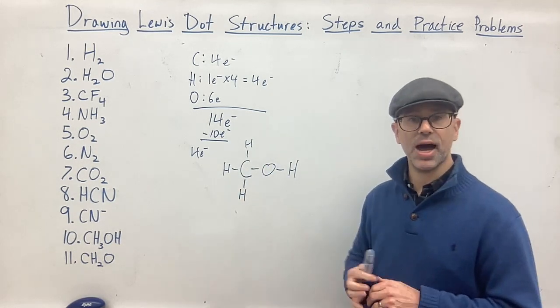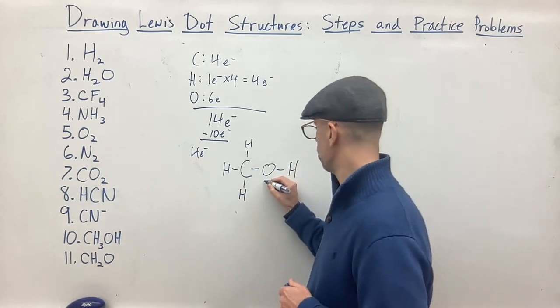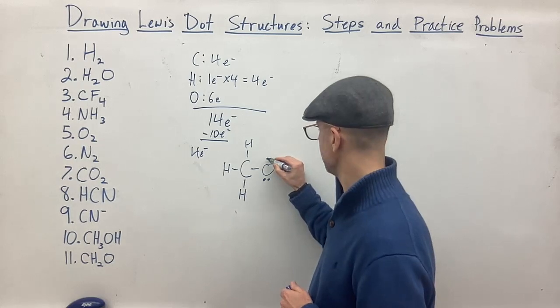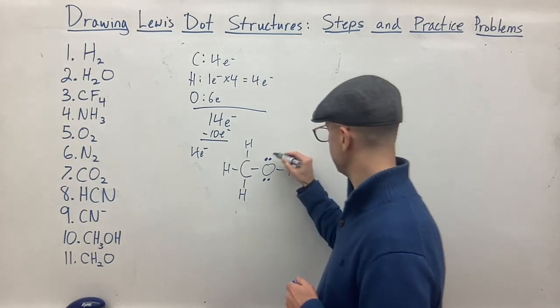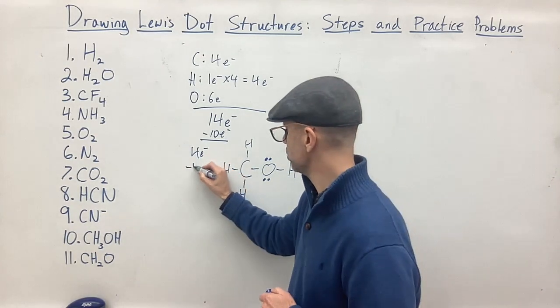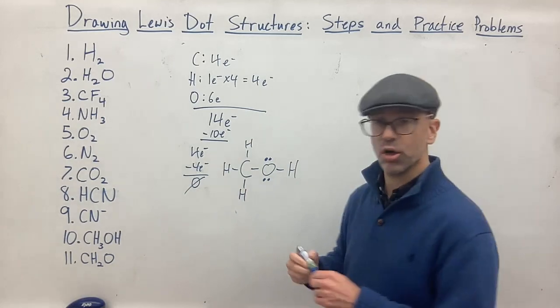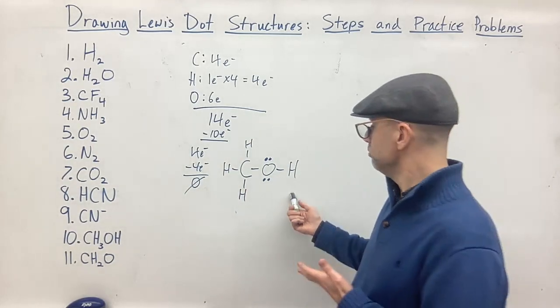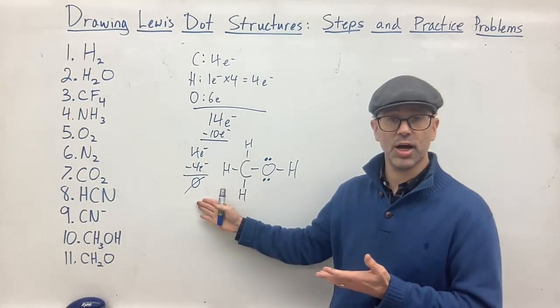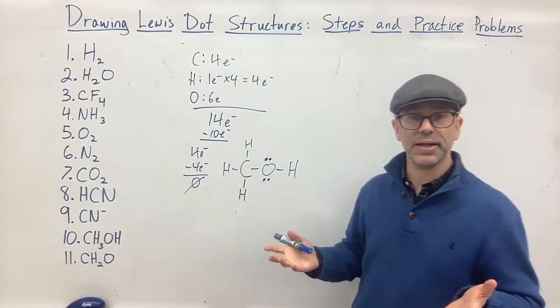So I can give oxygen here lone pairs. So I'm going to add 2 lone pairs. I'm going to give it an octet. So it needs 4 more. So I give 2 lone pairs, and I have 4 here. So I just use those up. So I'm going to subtract those out. So I have 0 left. So now that I have no valence electrons left over, I can't do anything now.